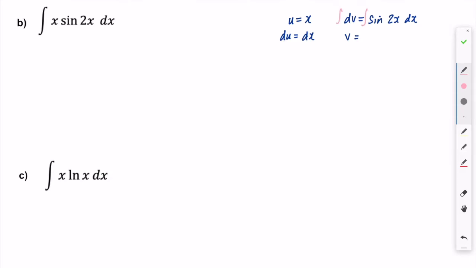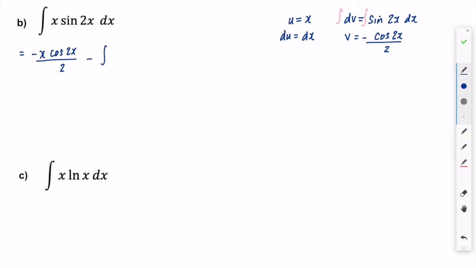So let me write this down. The integral of sine 2x involves negative cosine 2x, but then I have a 2x here, so that must be over 2. Okay. What does this give me as uv minus the integral of v du? u is x times v, so it's negative cos 2x over 2 minus the integral of v du.